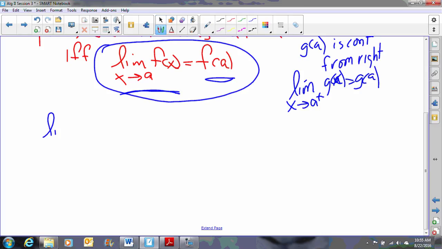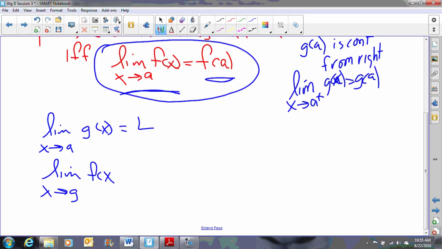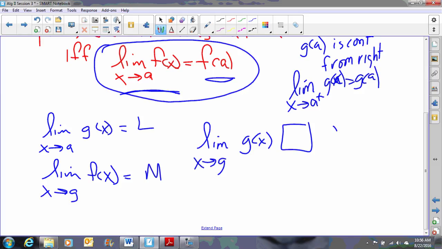Now, if we have the limit as x approaches a of g of x is equal to L, and the limit as x approaches a of f of x is equal to, let's use m, then the limit as x approaches a of g of x, with an operation symbol here, f of x, is equal to, now I'm going to put L and m out here.